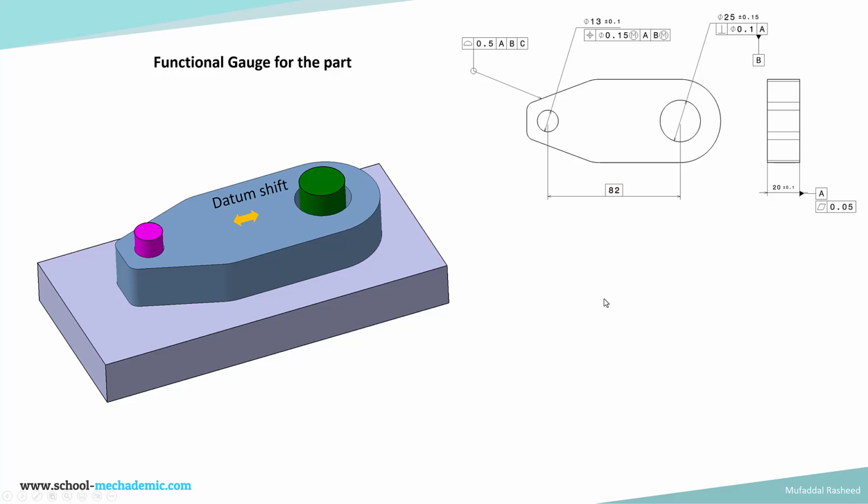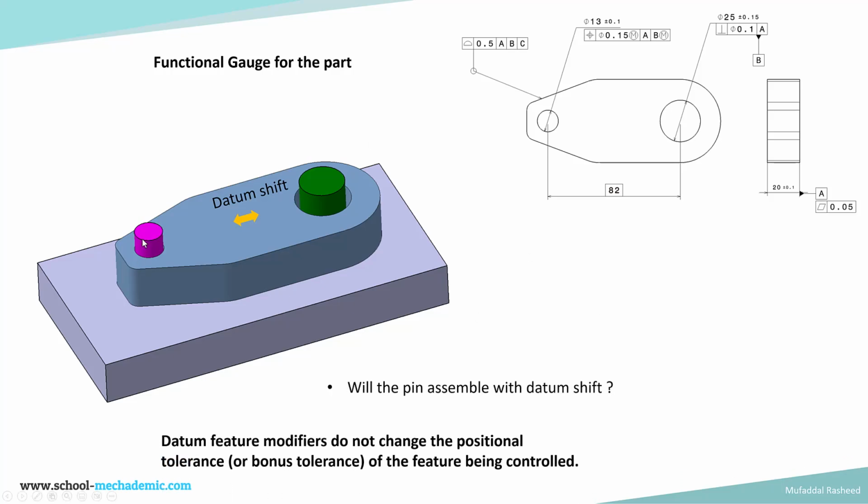So the main purpose of this functional gauge is to check whether this pink color pin we will be able to assemble into this part, considering the datum shift. The design of the functional gauge will be done based on the drawing. And when there is a datum feature modifier over here, then the size of the pin will be fixed for this. So that allows the datum shift.